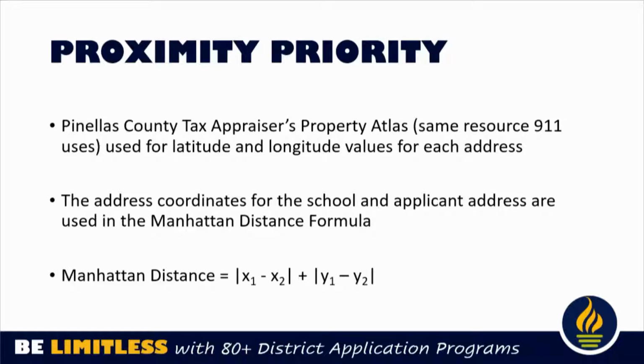It will take one distance and subtract it from the other. So we use the Pinellas County Tax Appraiser's Property Atlas. It's the same resource that 911 uses. We take the latitude and longitude for each address and then enter that for your home address with the schools. That distance is going to give you a Manhattan distance proximity to the school.